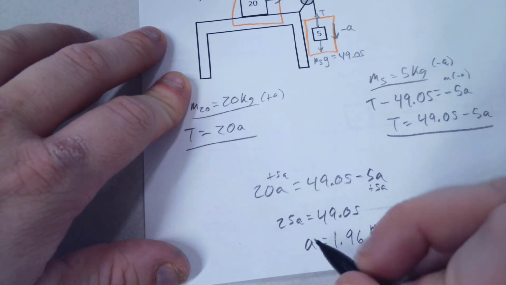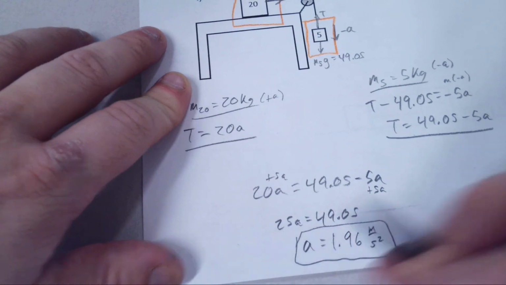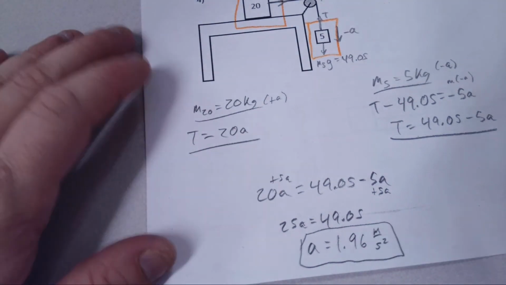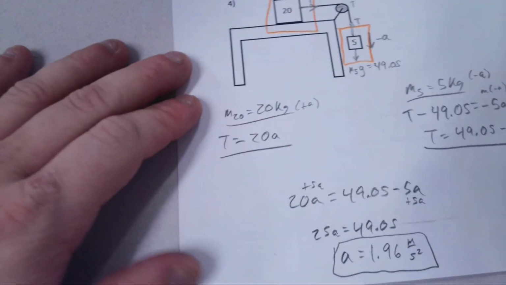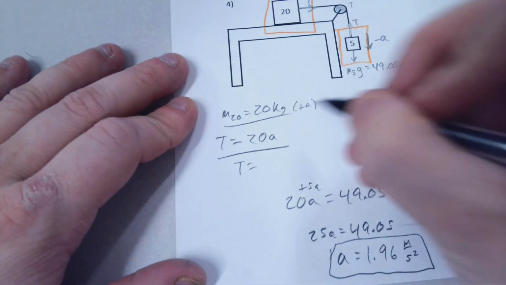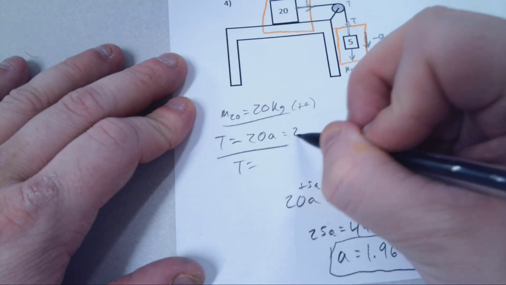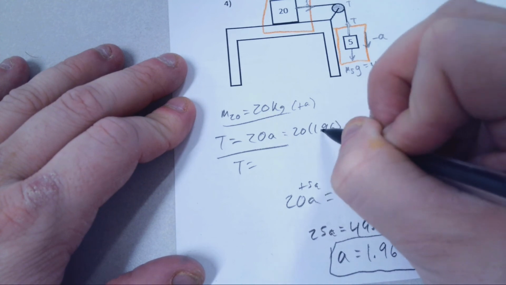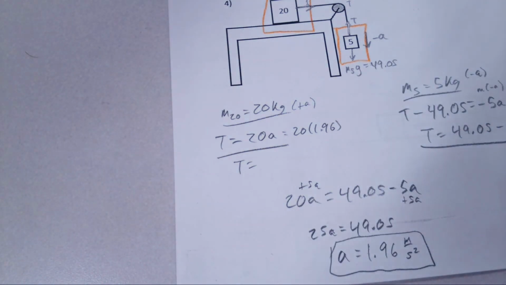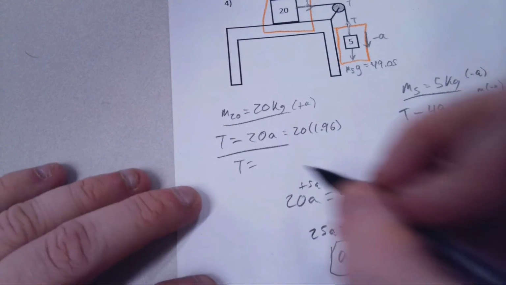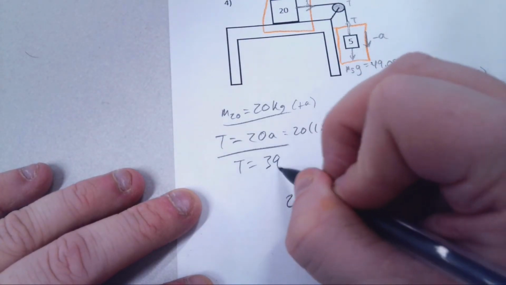Because we left off that little 2, and I guess I'm okay if we use it, but because I left out that little 2, it's going to cause these to be slightly different, so we'll go ahead and figure out what that is. This is going to be 20 times 1.96, 39.2.